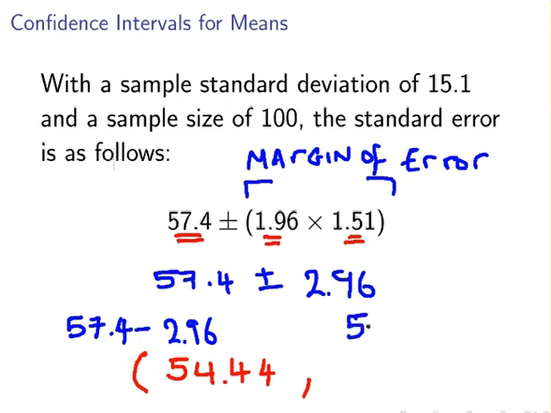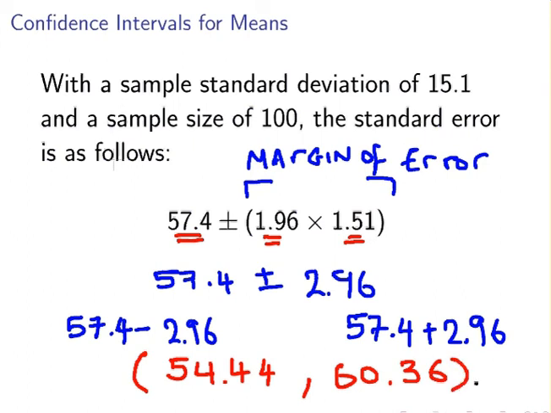And that works out to be 60.36. So that is our 95% confidence interval, 54.44 to 60.36. And that ends our presentation.